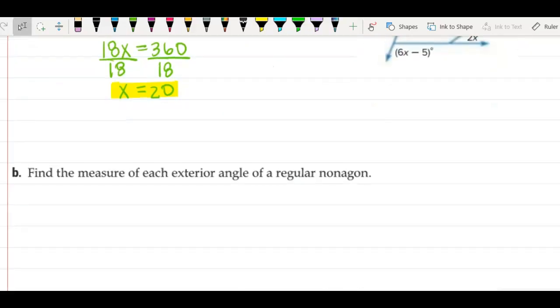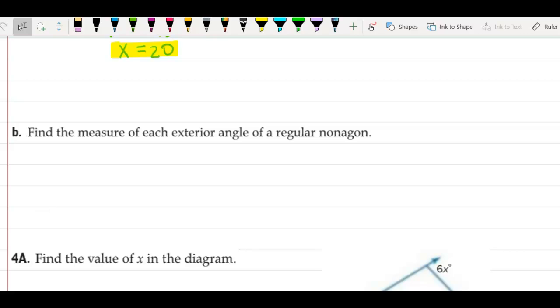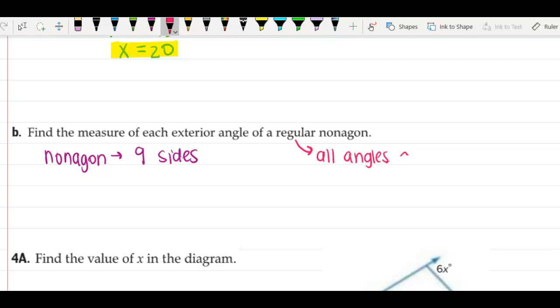Last one: find the measure of each exterior angle of a regular nonagon. A nonagon has 9 sides, and remember, if it's regular, all angles are congruent.